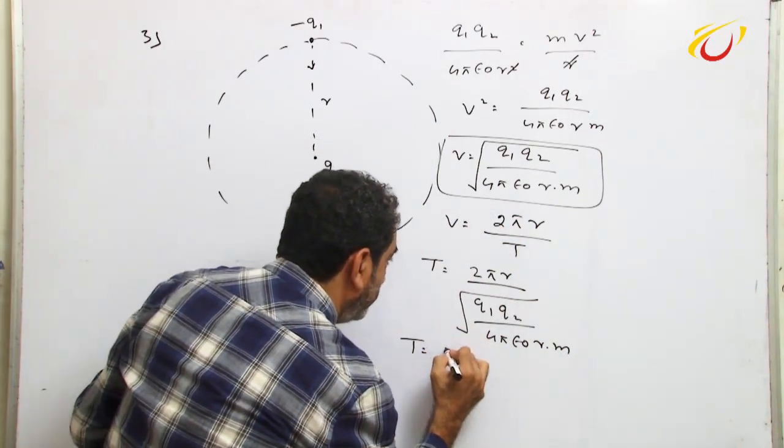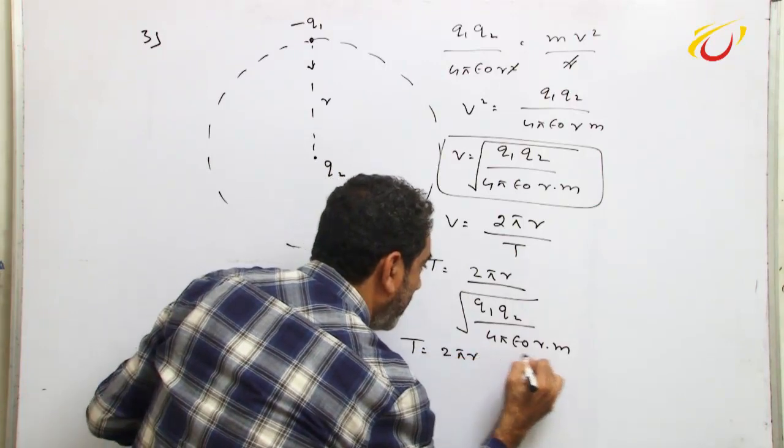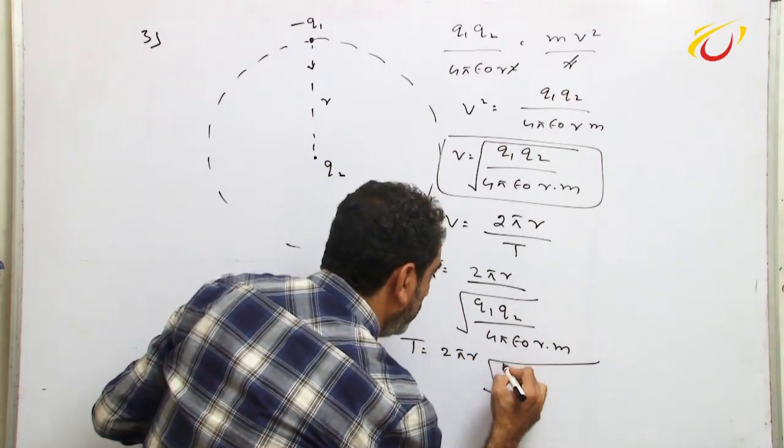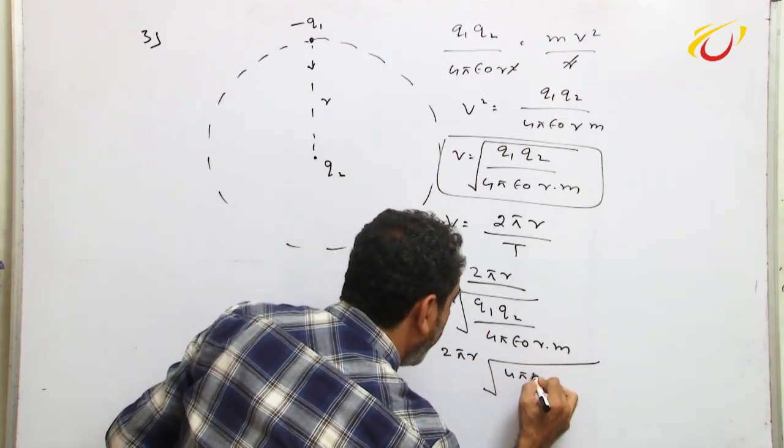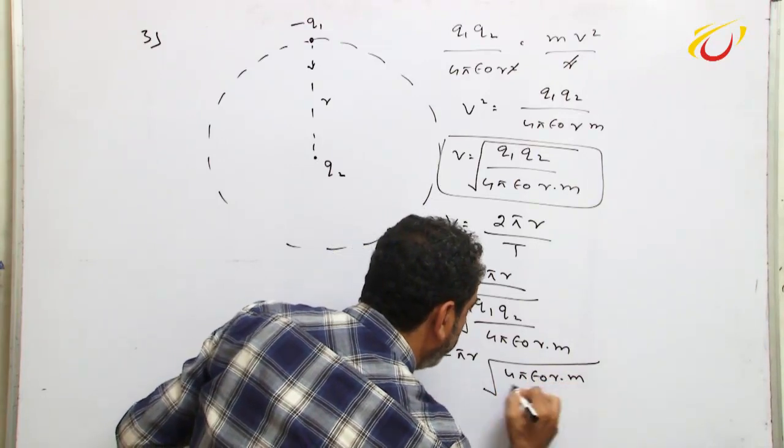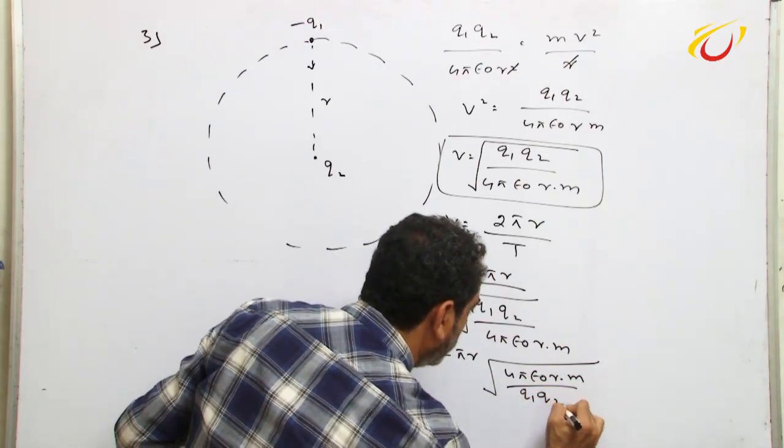So T will become 2 pi R under root 4 pi epsilon R into M divided by Q1, Q2.